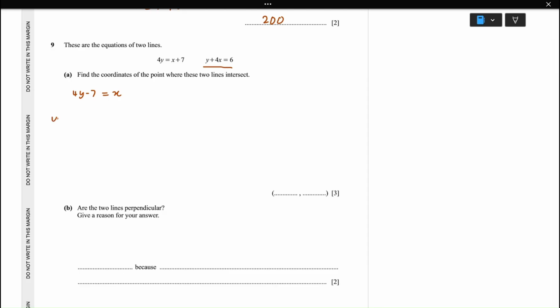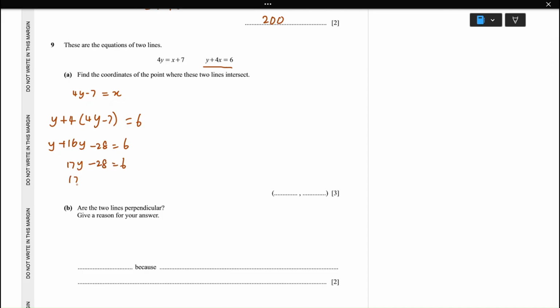This one I'm going to substitute into the second equation. So what will happen? y plus 4 times the x value, which is 4y minus 7, equal to 6. I expand: y plus 16y minus 28 equal to 6. Now y plus 16y, which is 17y, minus 28 equal to 6.